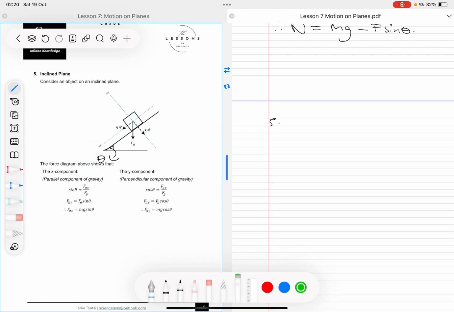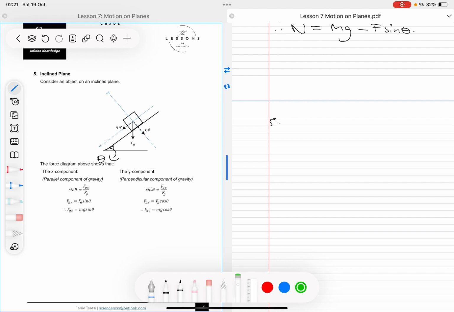Then with that type of arrangement, you will notice that the force of gravity is actually between the x and the y-axis. And because it is between those two axes, it must have the x component, the component in the x, and the y component, the component in the y.